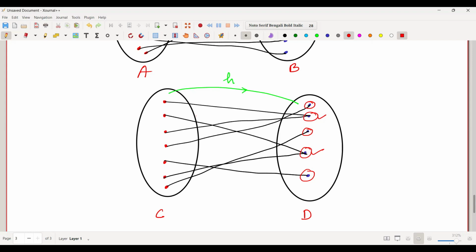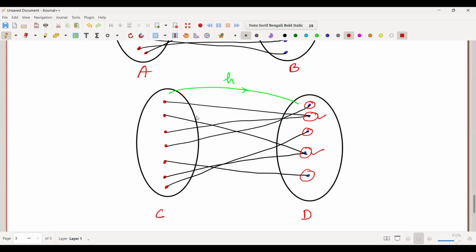So the function h covers every element of the set D, and no element of D is left out.